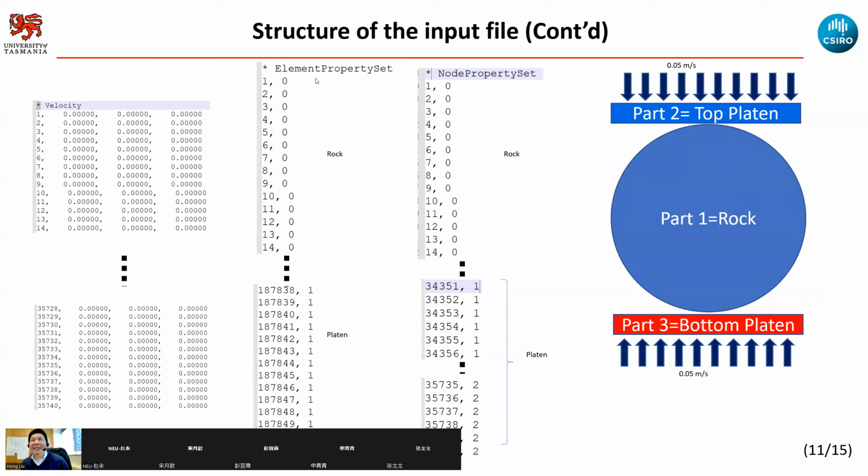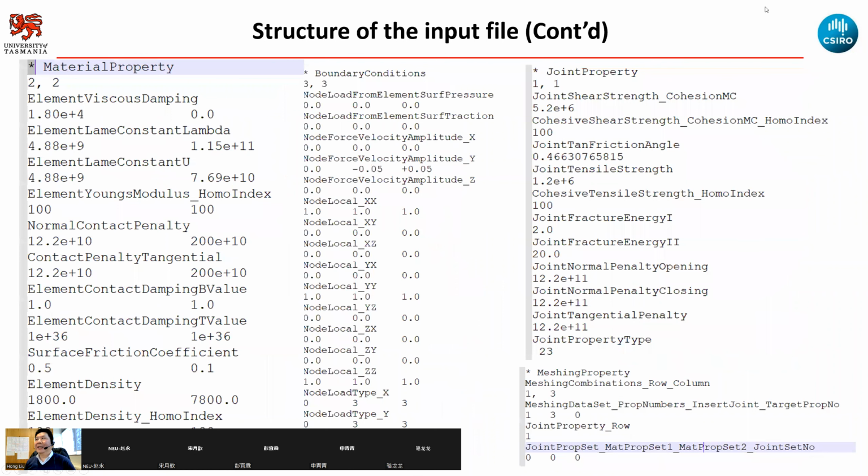Then we give the element property. For the element property, if it is rock, I label it as 0. If it is the loading plate, I label it as 1. These 0 and 1 labels will correspond to, if I go into the next slide, you will see what the 0 and 1 represent. 0 means the first column, and 1 means the second column.